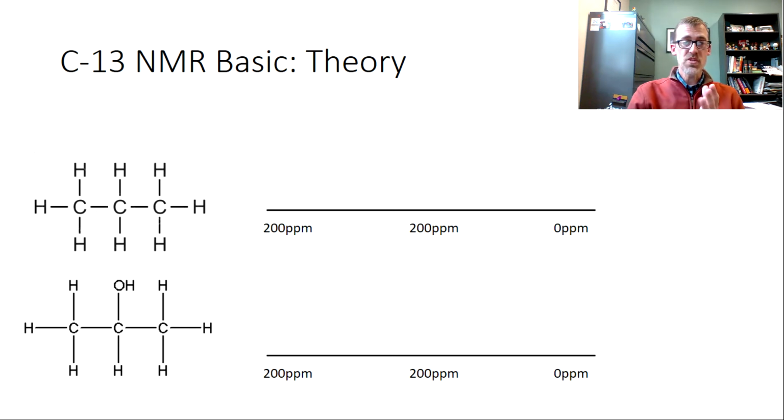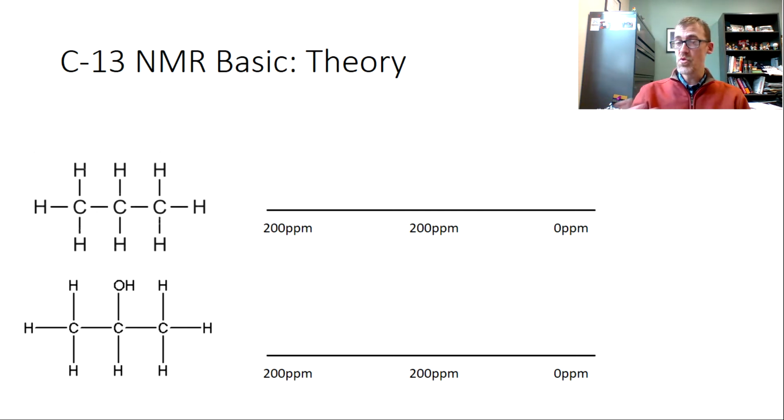Alright, so if you have an odd number of protons or neutrons, then these nuclei tend to be really sensitive to radio frequency radiation. So most carbon, 99% of carbon atoms, are carbon-12, with a mass of 12, 6 protons and 6 neutrons.